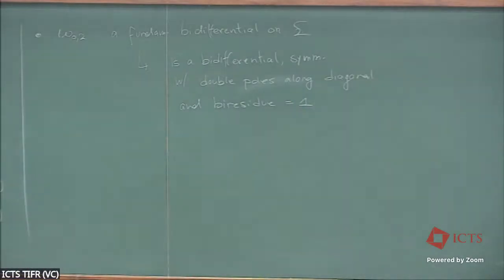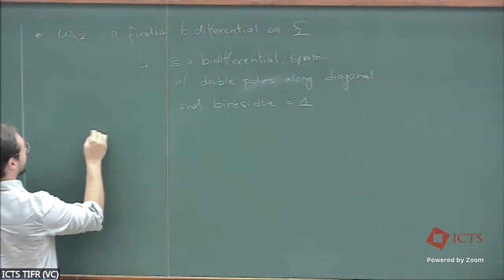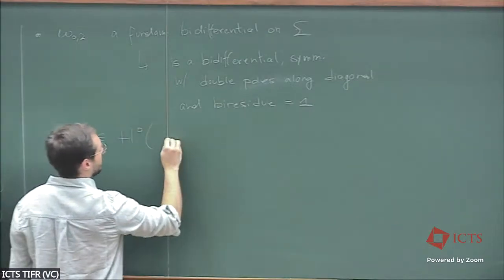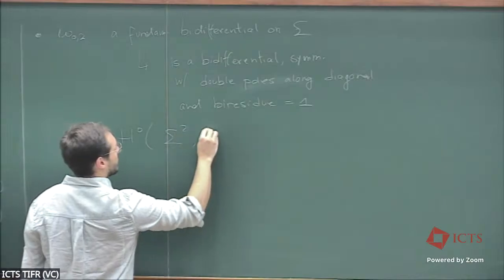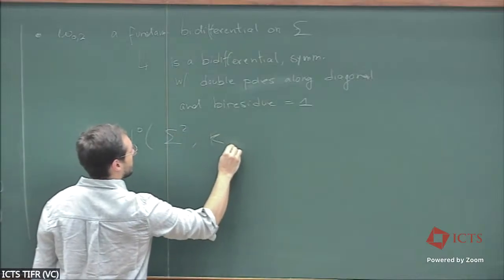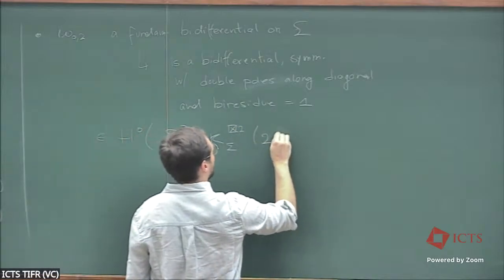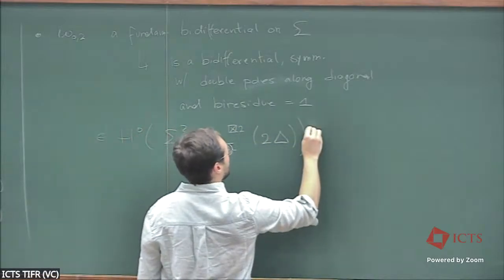So if you prefer some sheaf notation, this is a section of the canonical bundle boxed-squared on sigma squared, and you have only a double pole along the diagonal. It's symmetric.